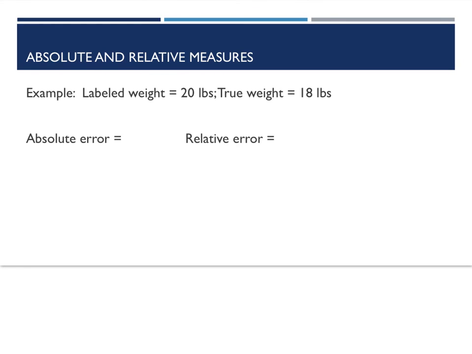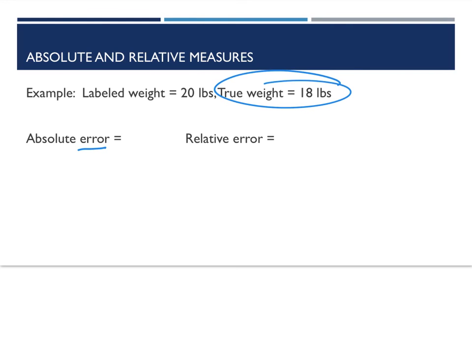If the labeled weight was 20 pounds and the true weight was 18, well, this one could be a little easier. Your true weight is always going to be your reference, because we're always going to compare things to what it should have been. The reasoning we use is basically the same. Because if 18 is what it should have been, and I weighed the same package, but I got 20 pounds, if I am trying to quantify my error, I added an extra 2 pounds to the true weight.